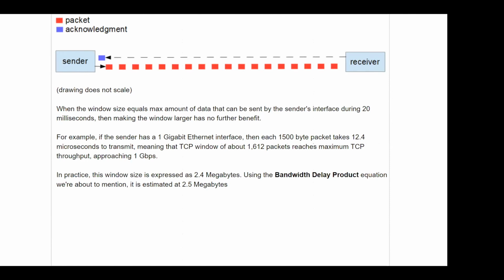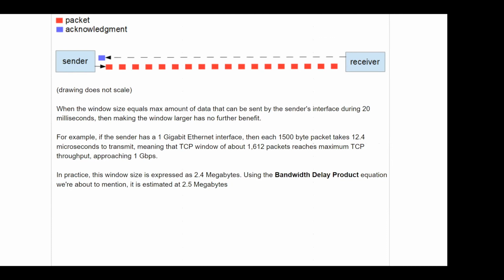When the window size equals the maximum amount of data that can be sent by the sender's interface during the 20 milliseconds, so that you're still sending the last packet when the acknowledgement comes back, you cannot gain further throughput by increasing your window. You could increase your window, but you would just make yourself more vulnerable to loss, because the bigger the window, the more vulnerable you are to a packet being lost.